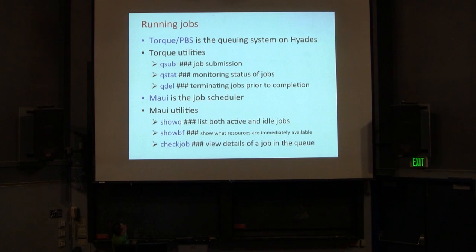One thing is called showq. Showq is more or less equivalent to qstat, and shows you both the active and idle jobs in the queues. And this is a really nice tool. It's called showbf, show backfill. Oftentimes, for example, in our cluster we have about 3,000 cores.